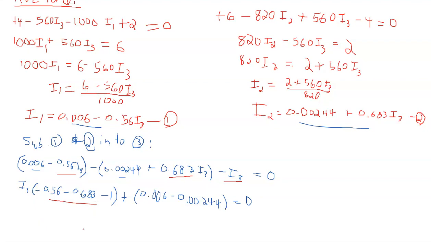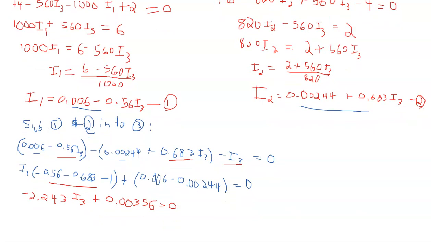We got negative 0.56 subtract 0.683 subtract 1, and that's given us negative 2.243 times I3 plus we have a 0.006 subtract a 0.00244, and that gives us a positive 0.00356 is equal to 0.